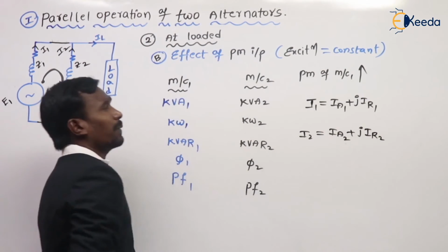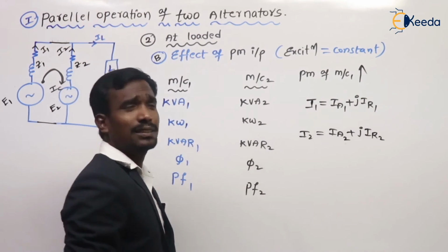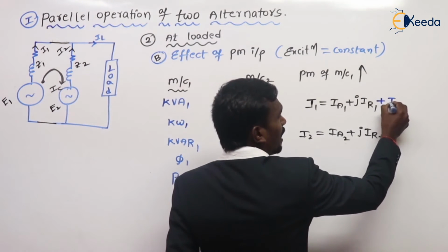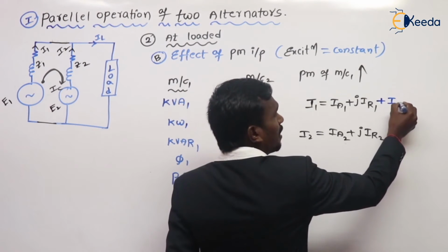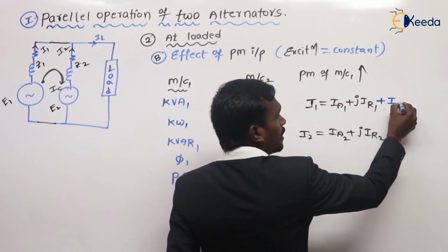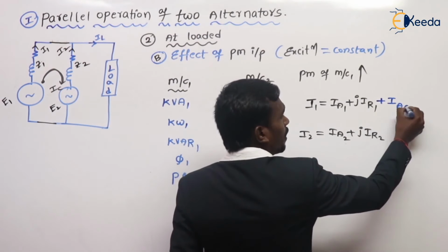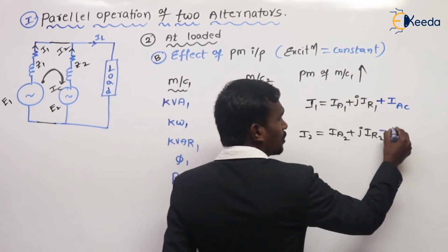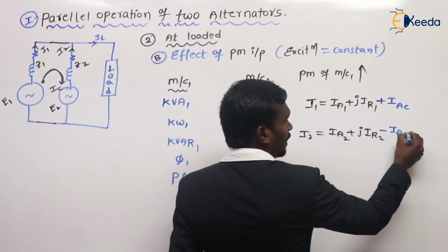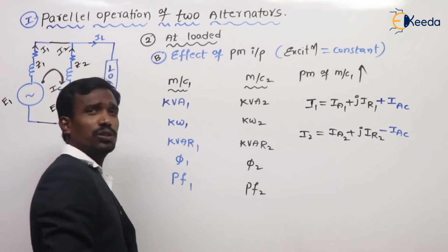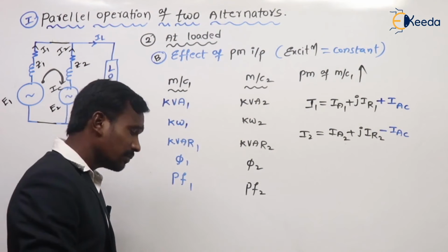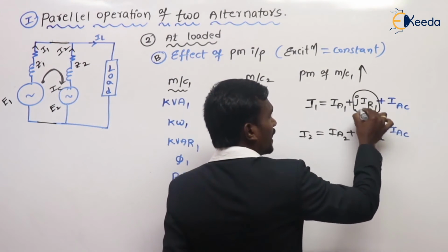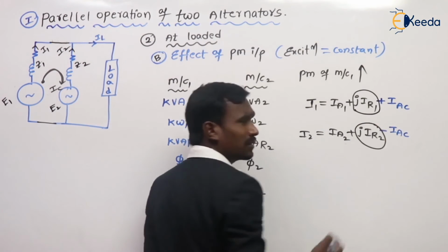But when the prime mover input of machine 1 increases, the active component is added here. This is not the reactive component. This is the active component of circulating current. And that active component of circulating current is subtracted from machine 2. Nothing but, observe here, there are no changes in reactive components.